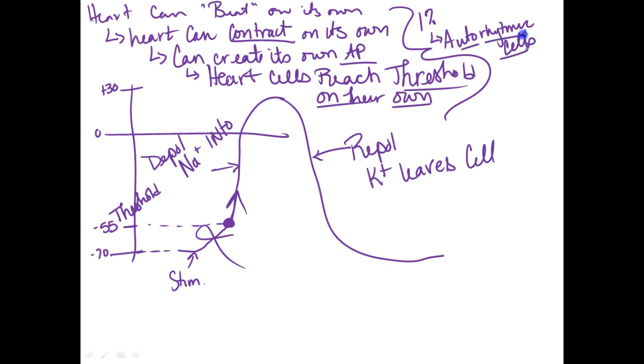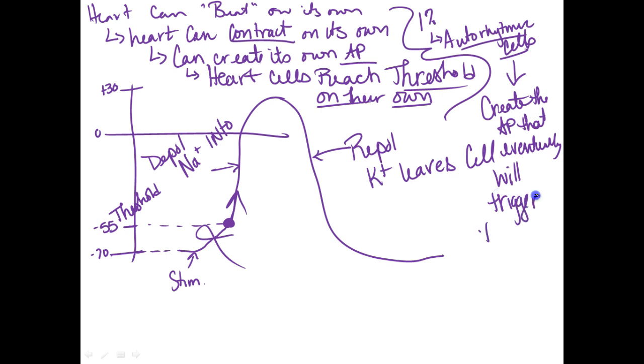Okay, the autorhythmic cells create their own action potential, and this action potential will eventually trigger the 99% of cardiac contractile cells, so the guys that are actually going to contract and make the heart beat.